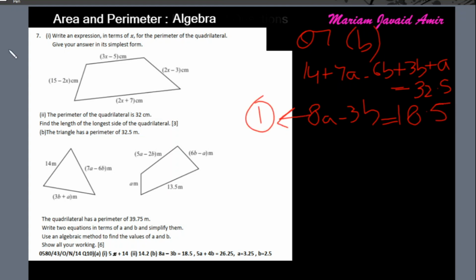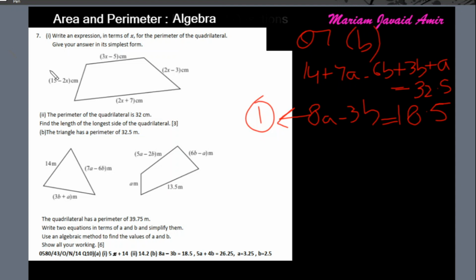Alright, for the second equation, we'll add all the sides of the quadrilateral. Plus 6b minus a plus 13.5 plus a equals 39.75.